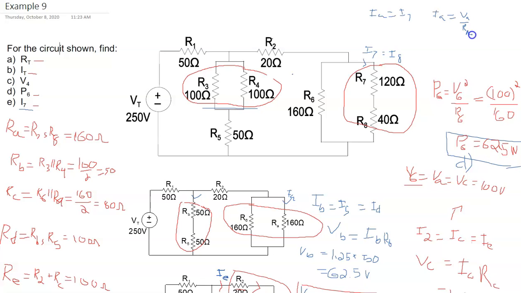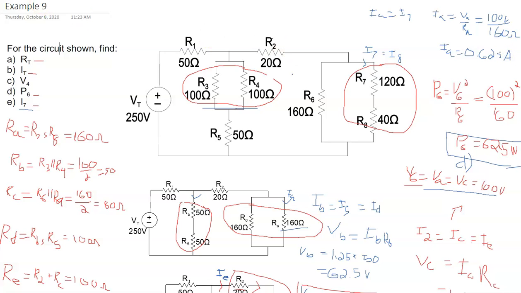RA. And we wrote down here that VA is VC at 100 volts. And so now IA becomes 100 volts divided by RA. And RA, of course, from this circuit here, is 160 ohms. And that gives us IA is equal to 0.625 amps.